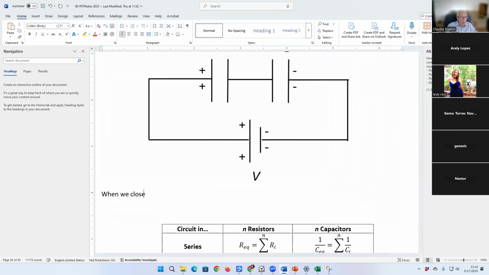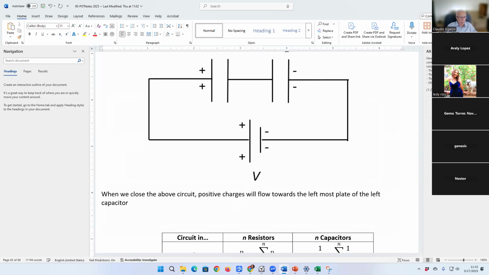When you close the above circuit, positive charges will flow towards the leftmost plate of the left capacitor.